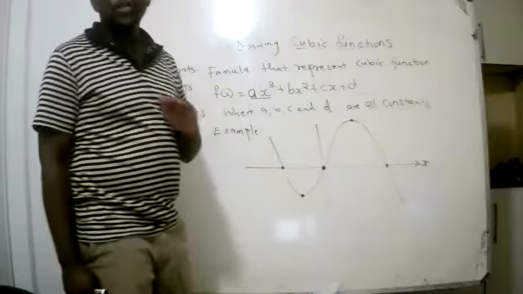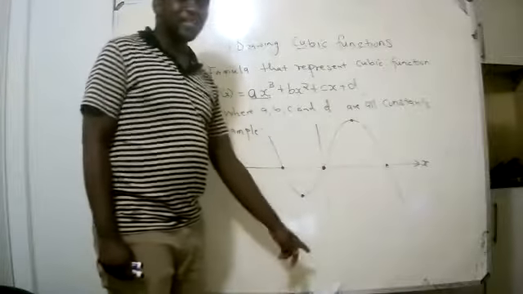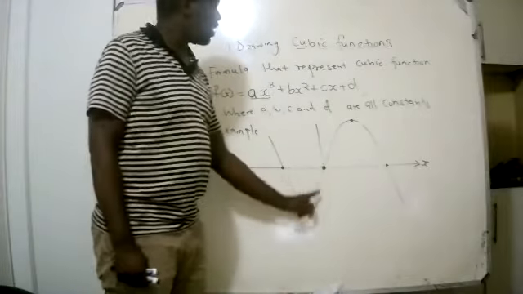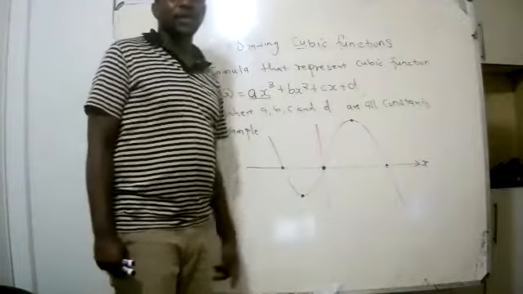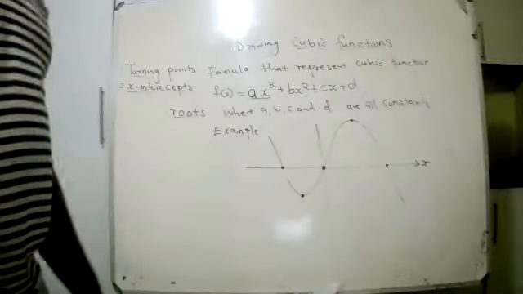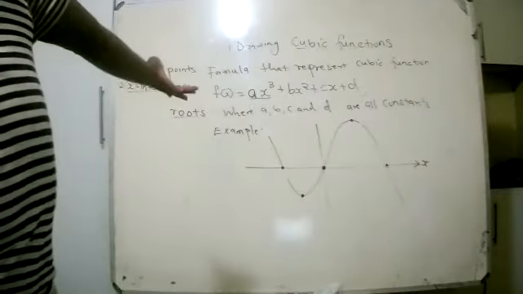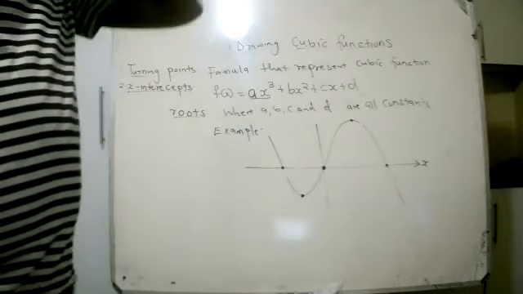They don't go beyond that. In other words, these graphs are just going to cut once along the y-axis. Those are all the properties, and we can't find the inverse of this function. There is no inverse for a cubic function.